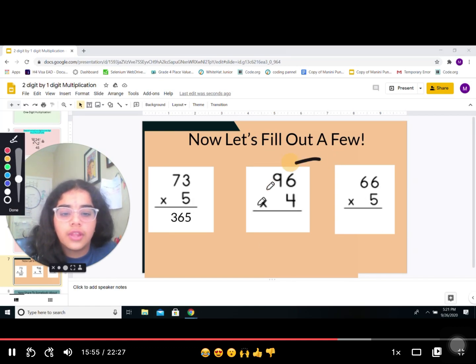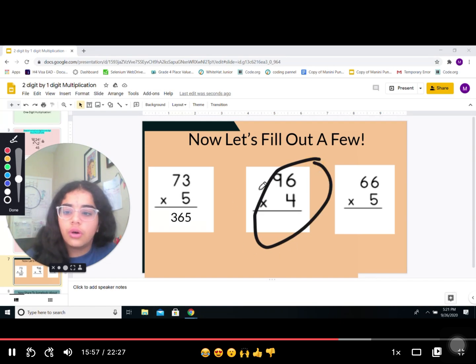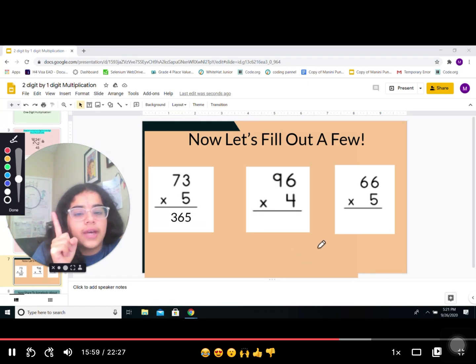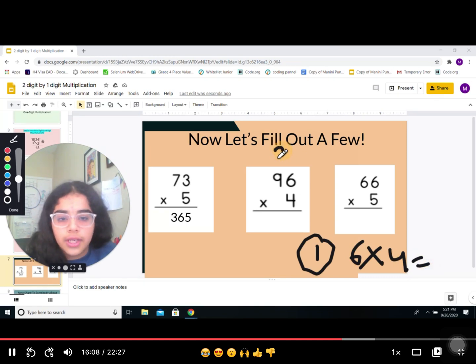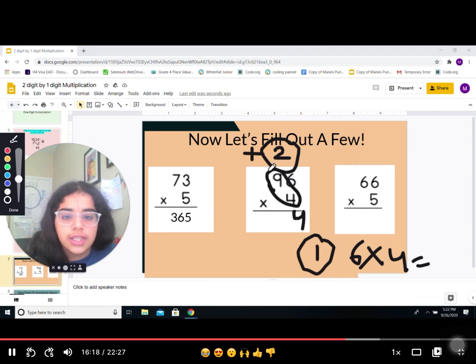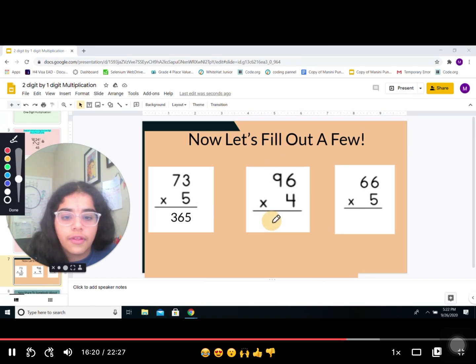So we're going to fill out this one now. What's the very first step, guys? Say it out loud. To multiply 6 times 4, which we know is 24. So I'm going to put my 2 up here, my left number, 4 down here. Then I would multiply this, and I know that I'm going to be adding. So 9 times 4 is 36, 37, 38. So I got a 38.